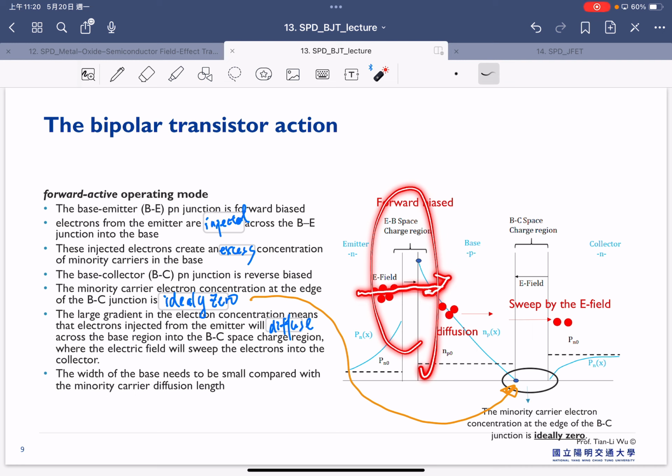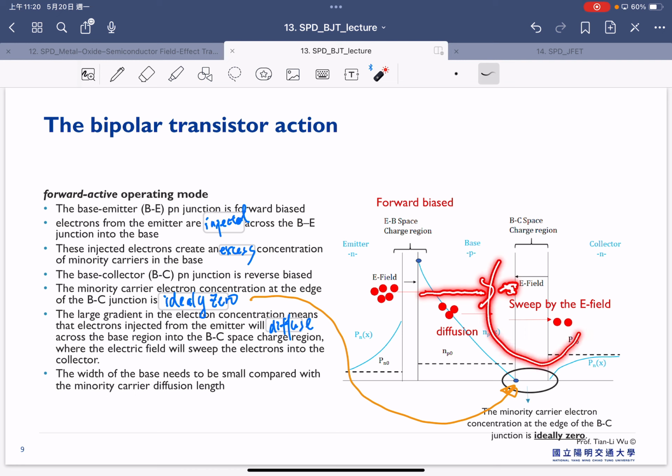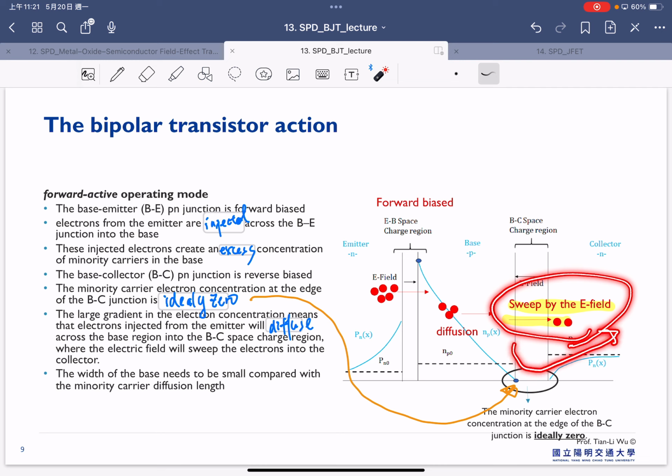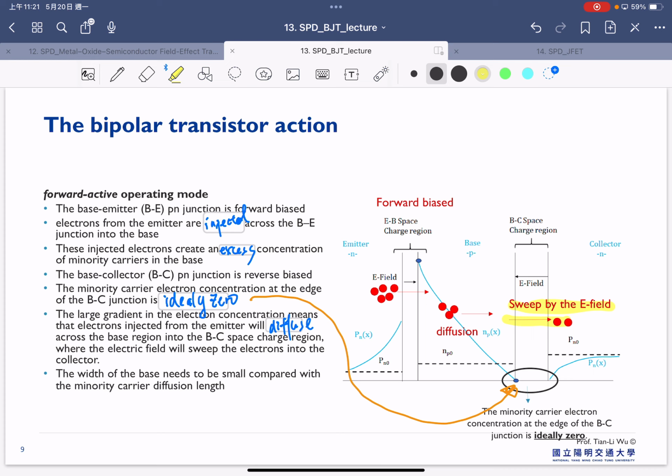Afterwards, because of diffusion, the electrons move and in the end reach the BC space charge region. The last step is that because of the high electric field here, the charge will be swept by the electric field to the collector side. So the electric field will sweep the electrons into the collector.